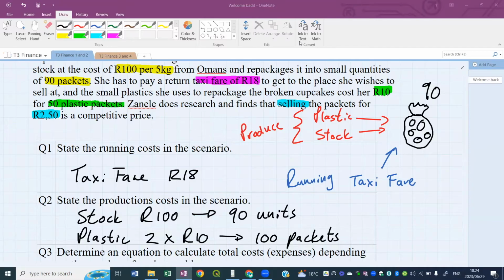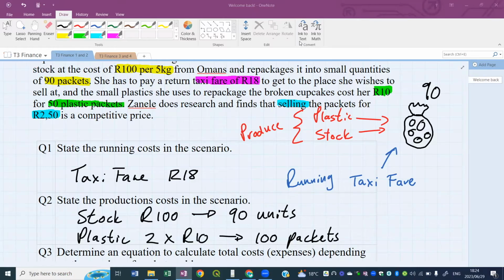But outside of that, you have to actually run this business, maybe in a factory or at a home or somewhere, and you're going to incur running costs. When we mentioned the running costs on Tuesday, we talked about things like electricity, rent, salaries, fuel for vehicles. There we go. So these are all examples of running costs to run the business.